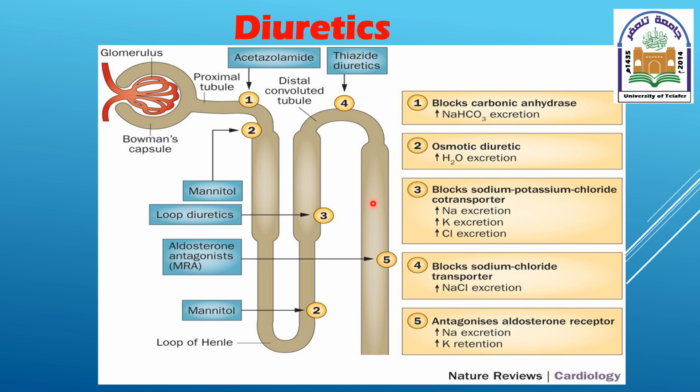Now, just to review the percentage of the filtrate absorbed by the different segments of the renal tubules. In the proximal tubules, about 65% of the filtered load of water and electrolytes, especially sodium and chloride, is reabsorbed. In the loop of Henle, 20 to 25% of the filtered load is reabsorbed.